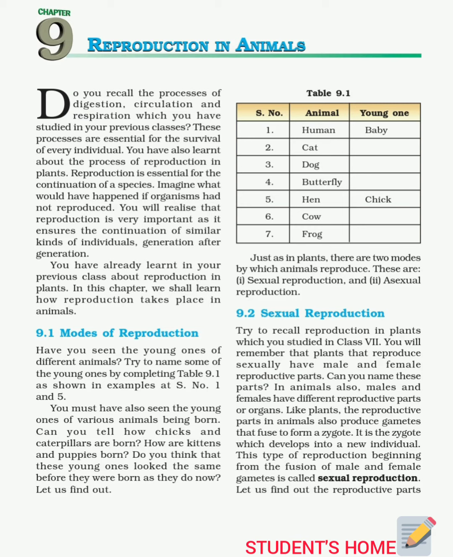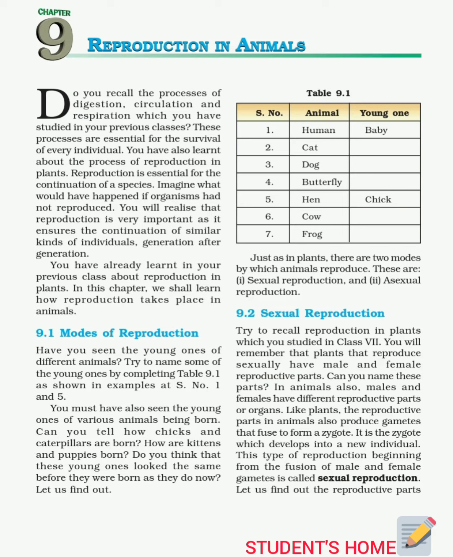So, just as in plants, there are two modes by which animals reproduce. These are number one, sexual reproduction, and number two, asexual reproduction. So first we are going to discuss sexual reproduction. Try to recall the reproduction in plants which you studied in class 7. You will remember that plants that reproduce sexually have male and female reproductive parts.